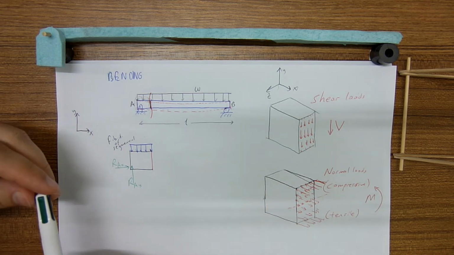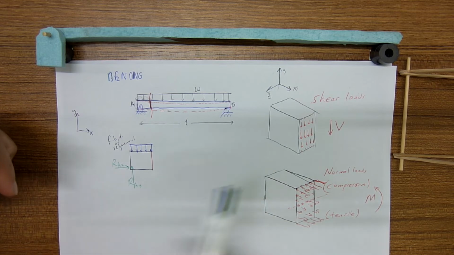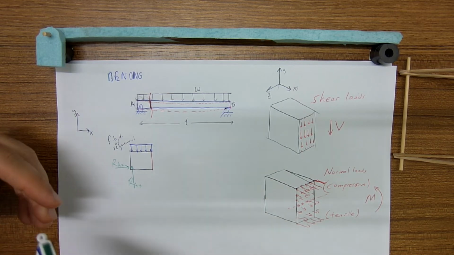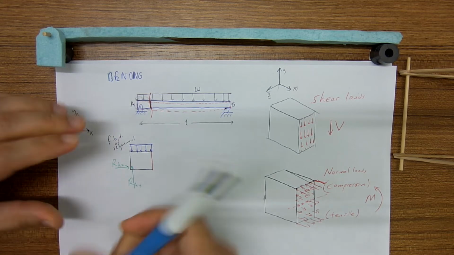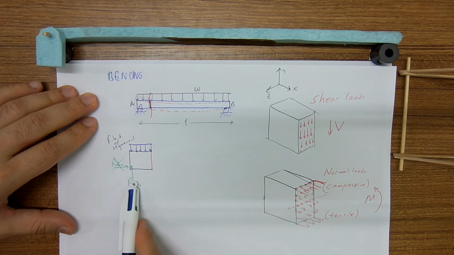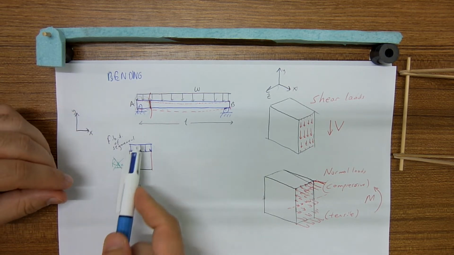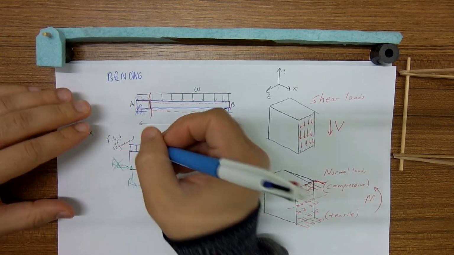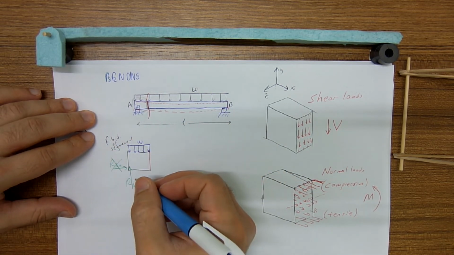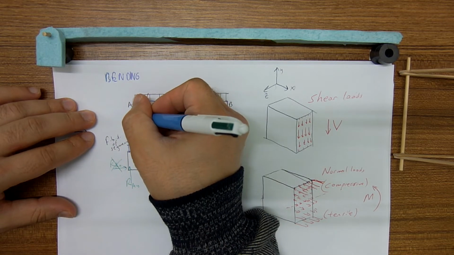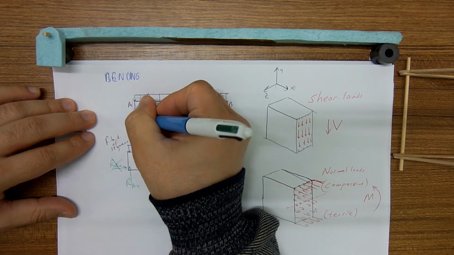Action, reaction: no acting force horizontally, no reaction force horizontally. Therefore, RAX is equal to 0. So these two are the external forces we have got, RAY and W. And by the way, we need the length of this segment. Let's call it x1.